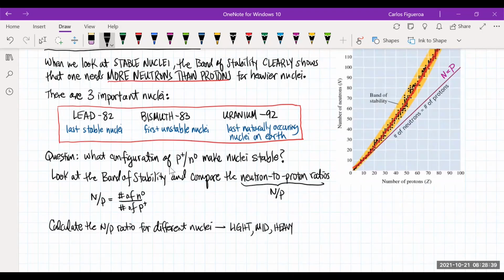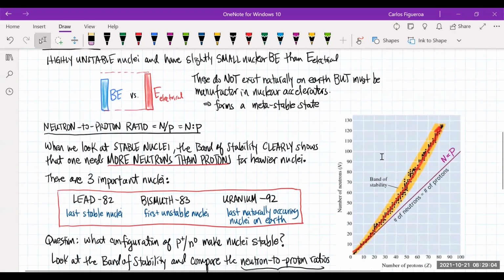And what you're going to see here is that when we calculate this, there will be a trend for nuclei on this band of stability. So just kind of look at the picture right here.